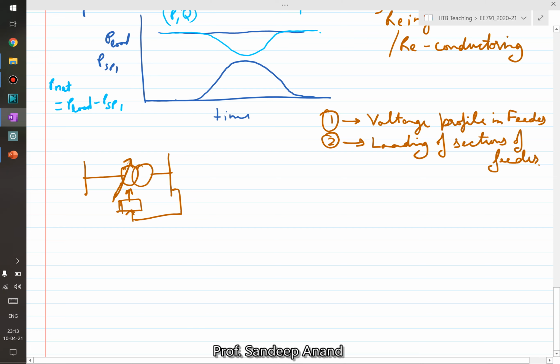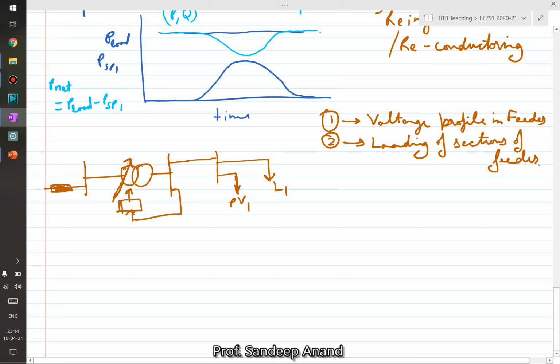Here, on the upstream, there is also an impedance. And here there's a feeder, and then we have solar photovoltaic connected here. Let me take a simple situation. And we also have a load here.